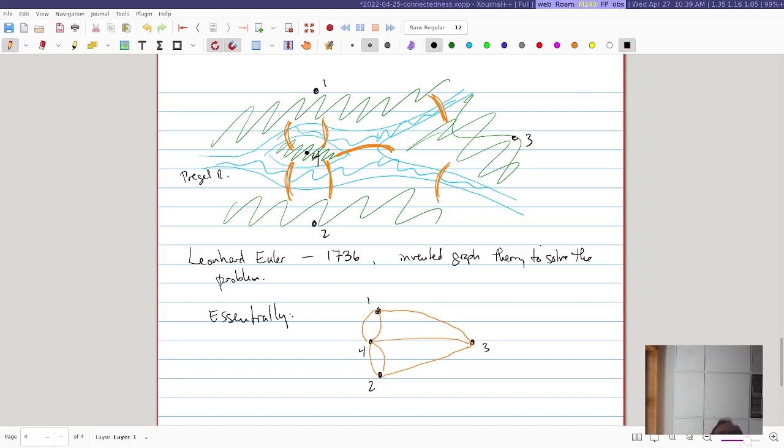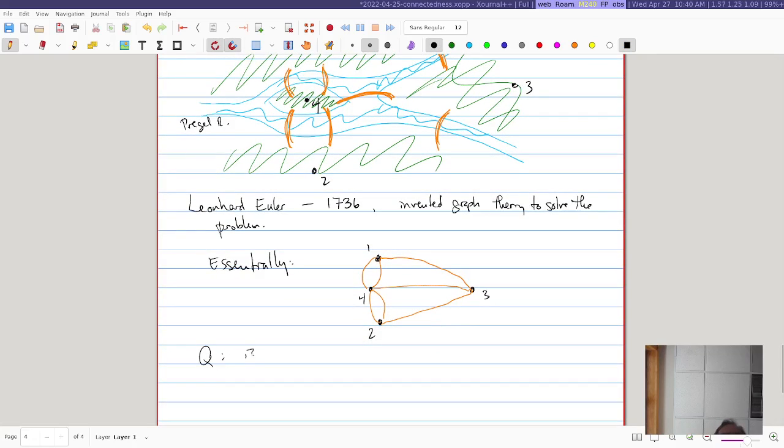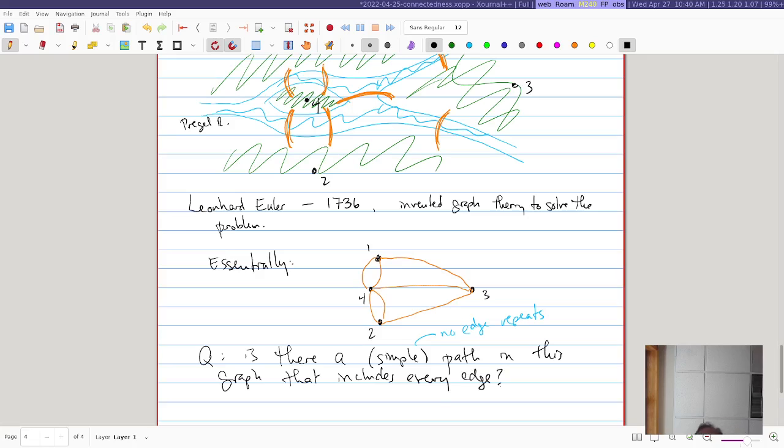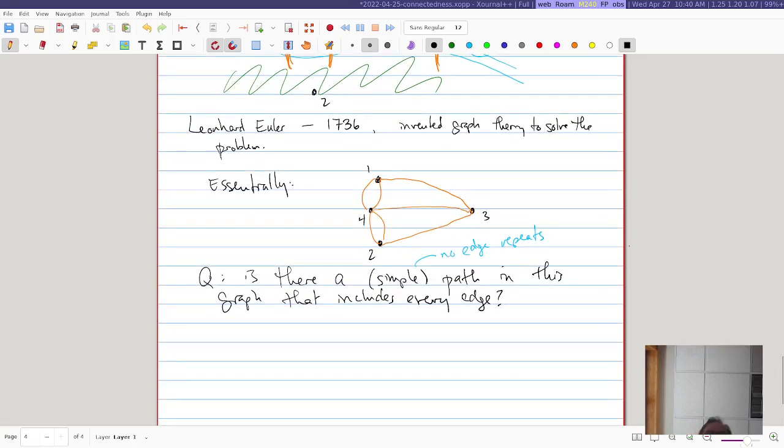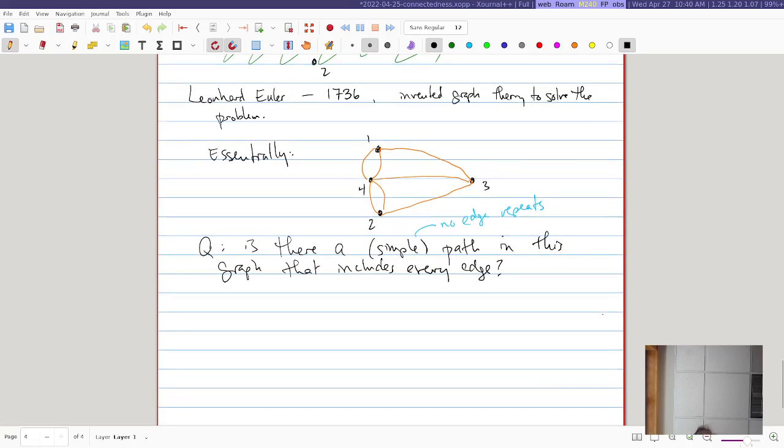So the question: is there a simple path, where simple means no edge repeats, in this graph that includes every edge? Right, and then he started thinking more generally about, okay, what features of a graph would make this possible or impossible?